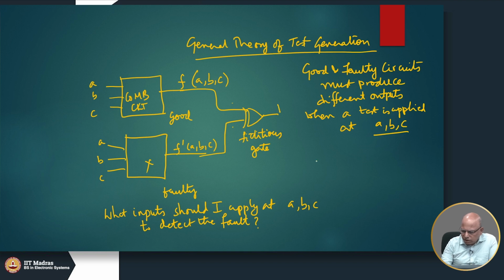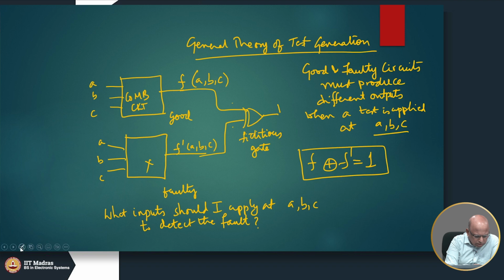Okay. So, F exclusive OR with F prime is 1. So, this is the condition for a test. Okay. We say that ABC, a test vector applied at ABC must satisfy this property, F exclusive or F prime is equal to 1.